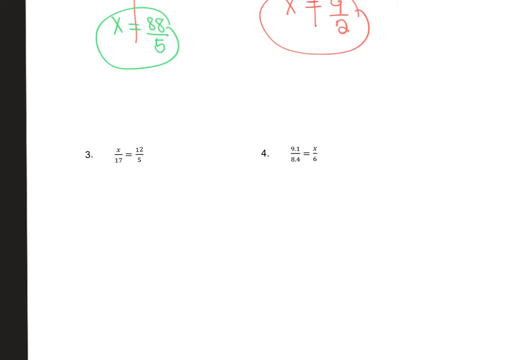Number 3. So I have 5x equals 17 times 12, 204.